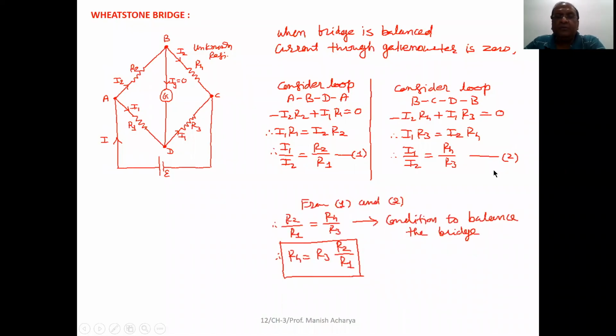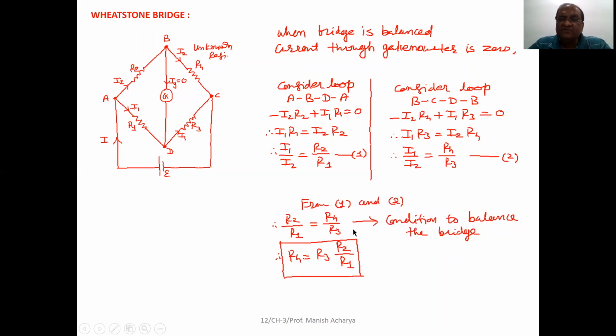Now compare equation number 1 and 2. So we can write R2 by R1 that is equal to R4 by R3. So here we can say when this happens, the bridge is balanced, because when we considered there is no current through the galvanometer, we derived this identity.